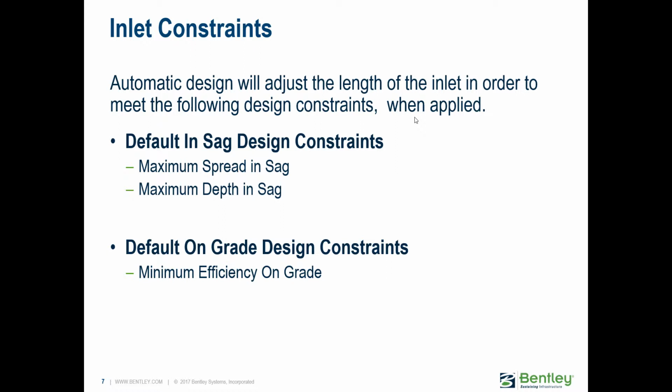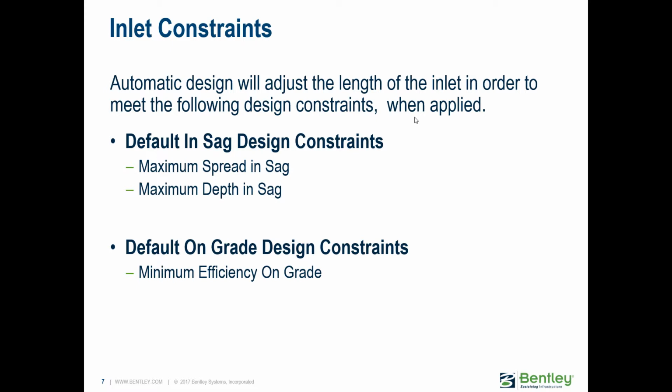And for the on-grade, so let me explain the difference between in-sag and on-grade. An on-grade inlet is one that is on the same grade as the road, so that water can come in to that inlet, but if it doesn't all get absorbed into that inlet, it can continue to move downstream to the next inlet, right?